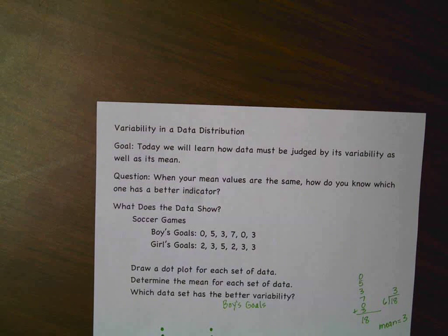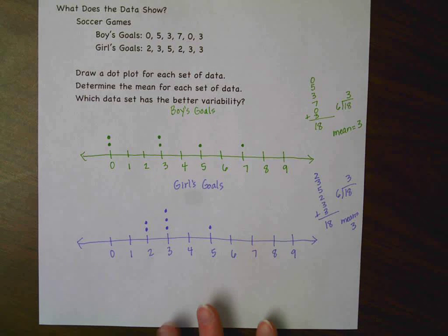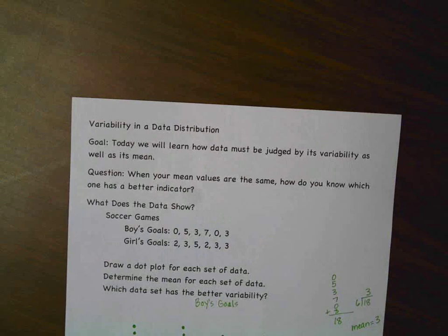Okay? So, going back to our title, Variability in a Data Distribution. That means, are they spread out or are they all clumped together? I would say, looking at these two graphs again, that the boys are spread out and the girls are all clumped together.